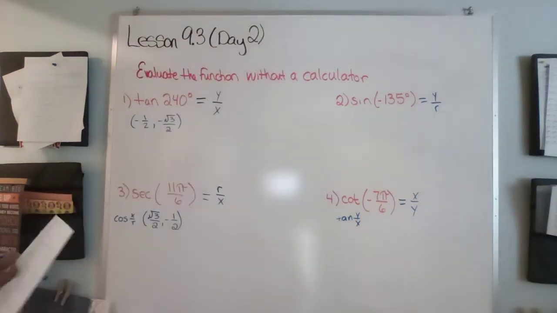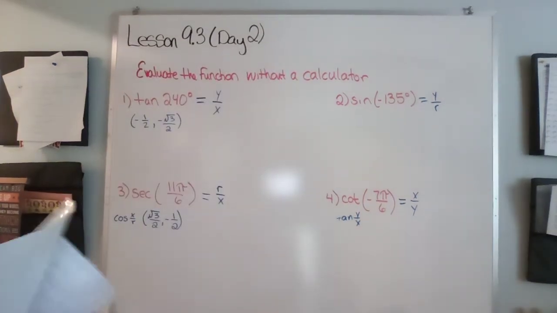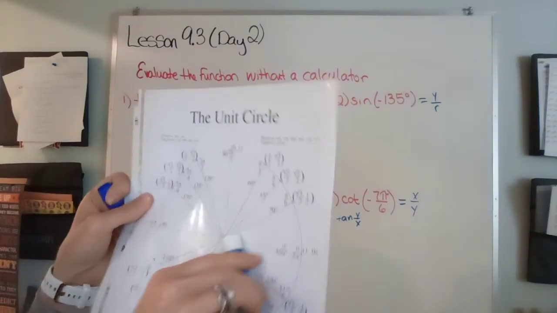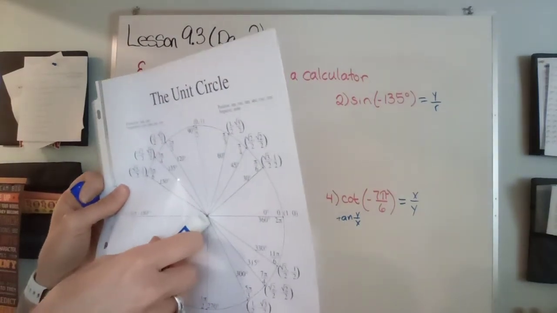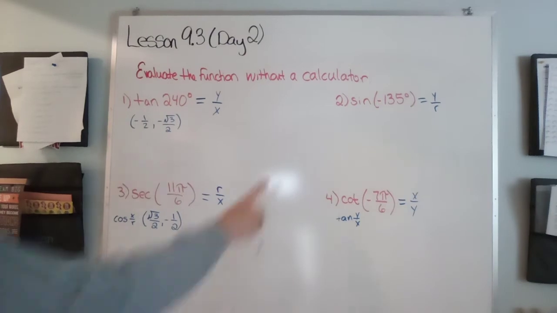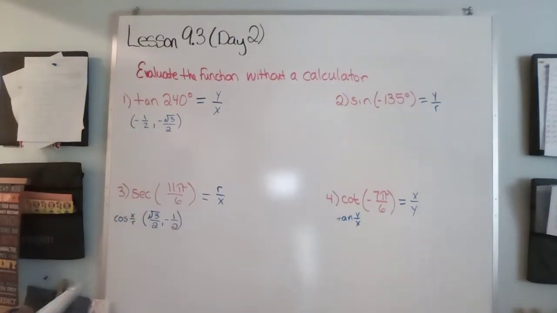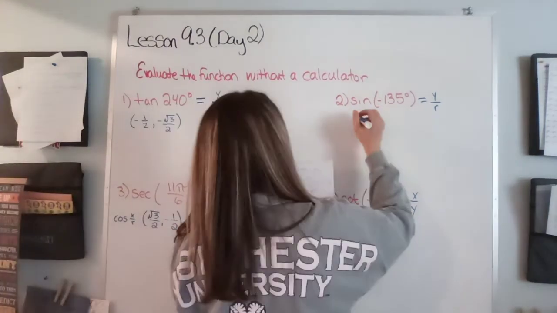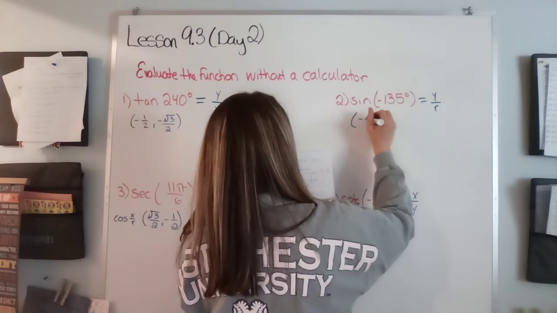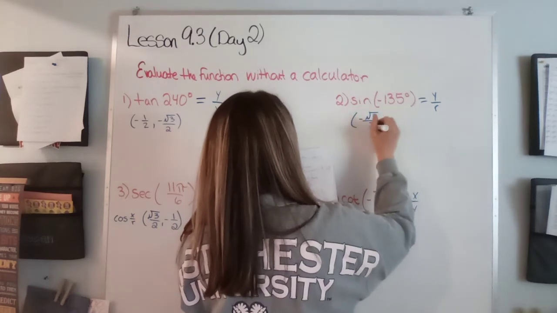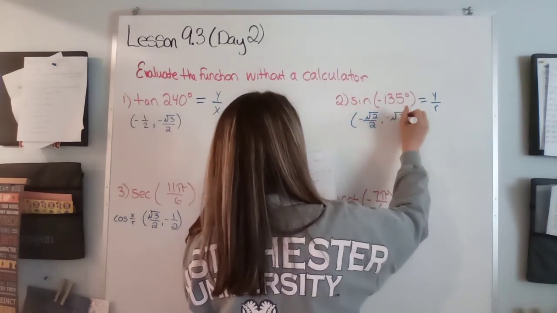You have to figure out where you would land, and negative 135 would be right here. Or you could add 360 to this until you get a positive coterminal angle. So we're going to use the coordinate negative root 2 over 2, negative root 2 over 2.